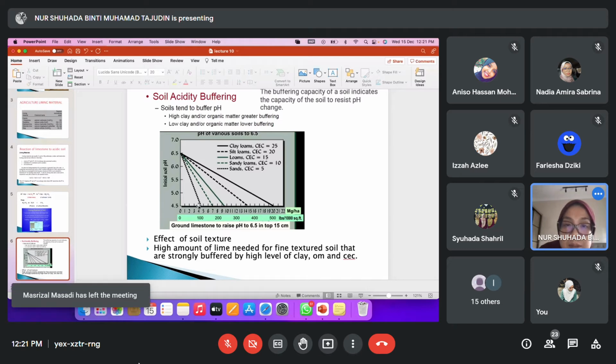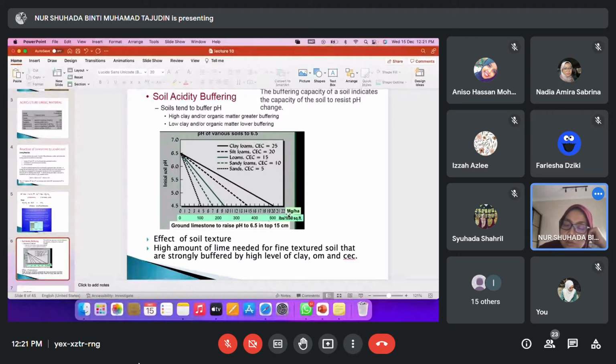But clay loam requires 500, mega... sorry, mg per hectare of liming materials.